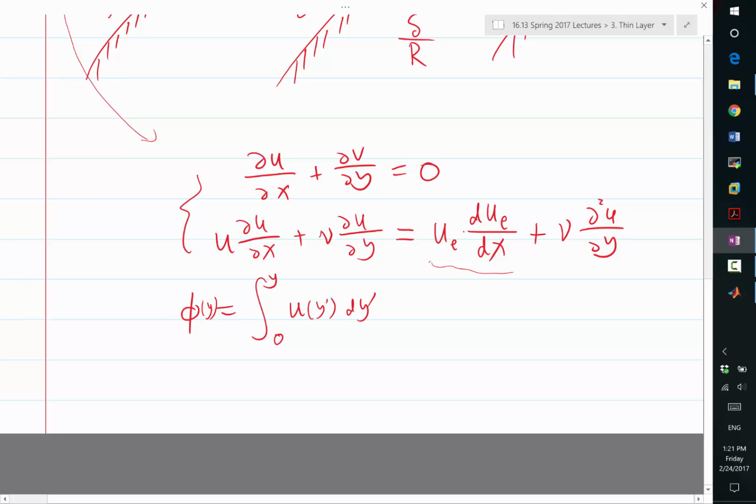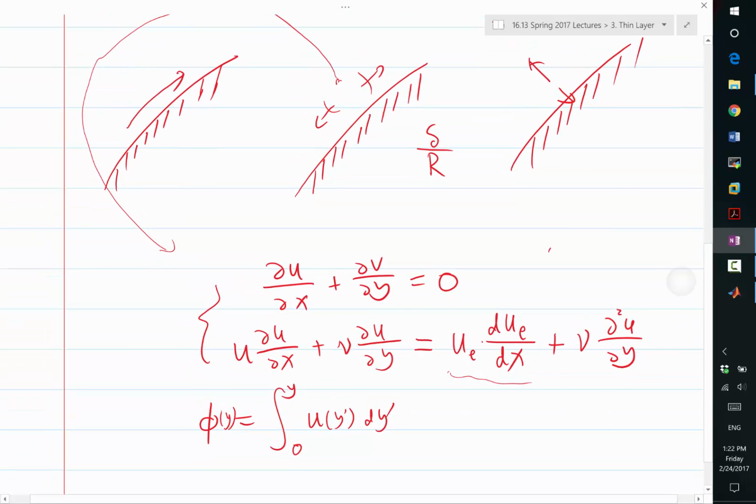All right. So basically, phi of y, you can think of it as how much flow per unit time has gone through the area that lies between the boundary and that particular y.